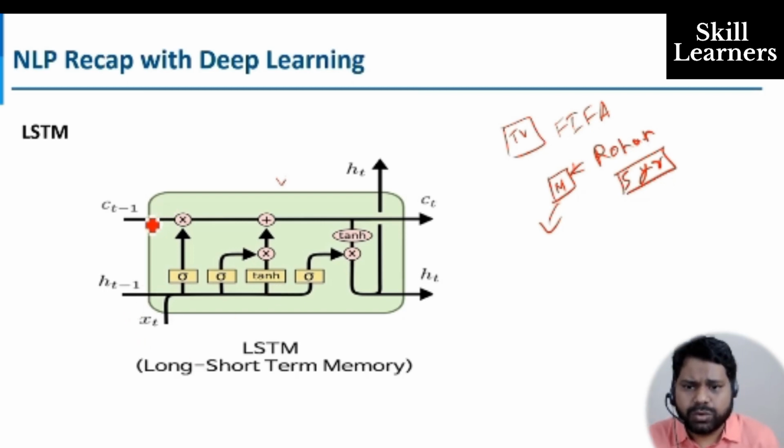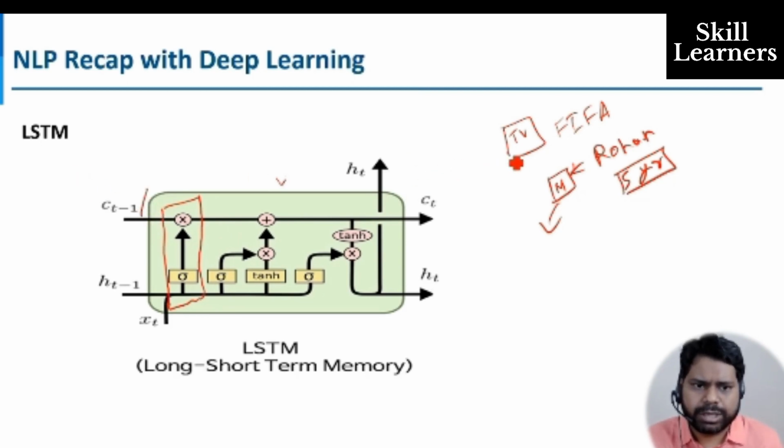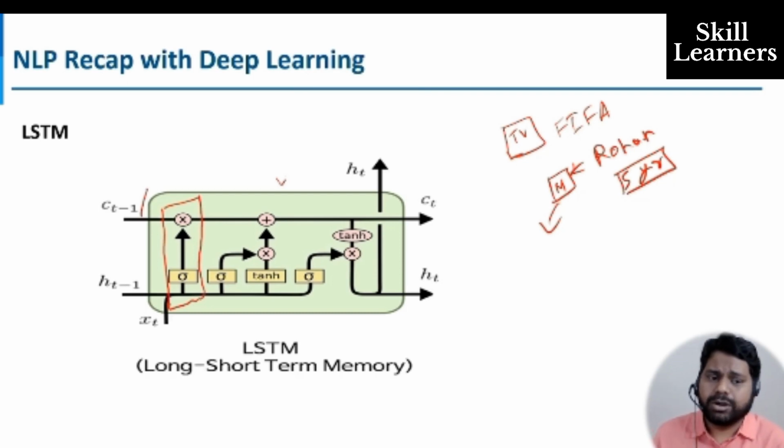This is known as the cell state, and this is your forget gate. This is the cell state where you were before talking to Rohan, while watching television. Then this is the forget gate. The moment you started conversing with Rohan, you decided what to keep and what not to keep.